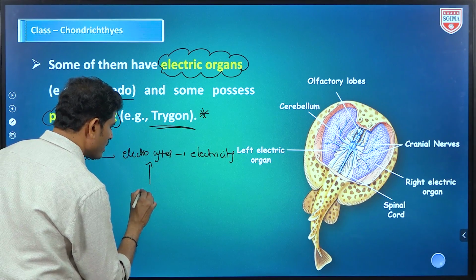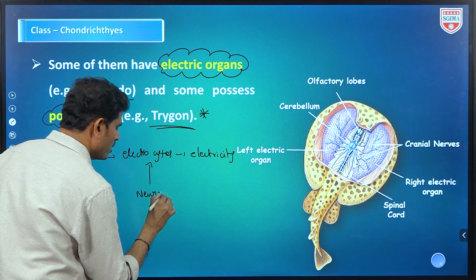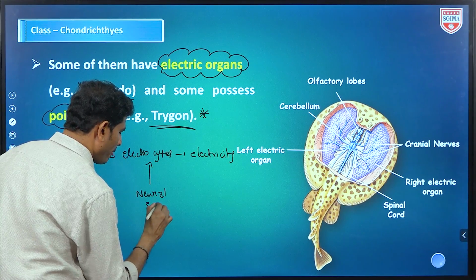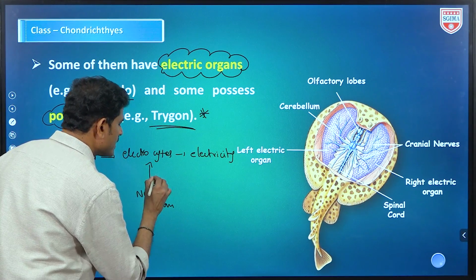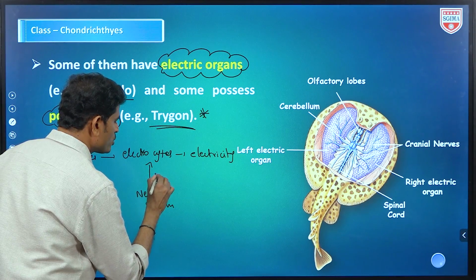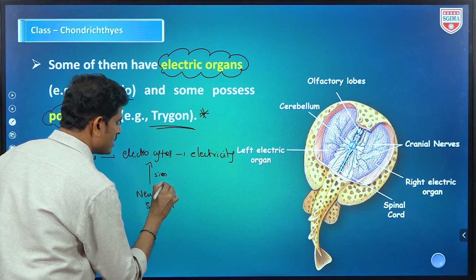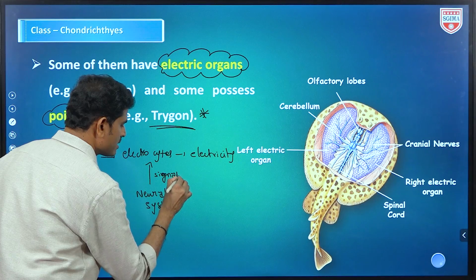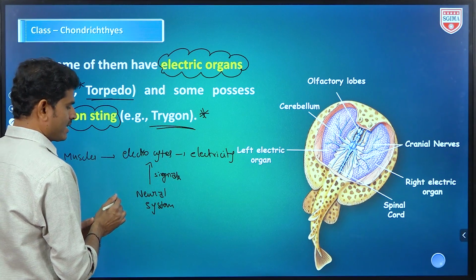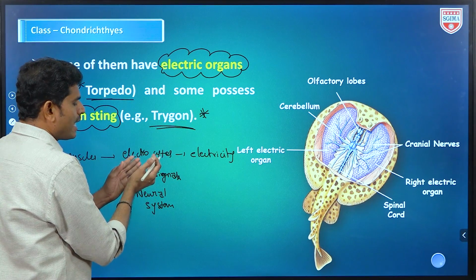When signals come from the neural system and reach them, they produce which one? Electricity. These signals are impulses, action potentials.